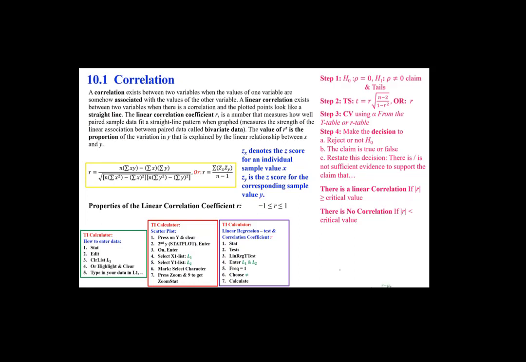And the thing you want to remember is the idea of the T and how you arrive at it: T is R times the square root of n minus 2 over 1 minus R squared. And by the way, the two forms are the same. If you look at the formula, the next one says R over the square root of (1 minus R squared) over (n minus 2). I hope you see that the two are the same. Let me just show you that.